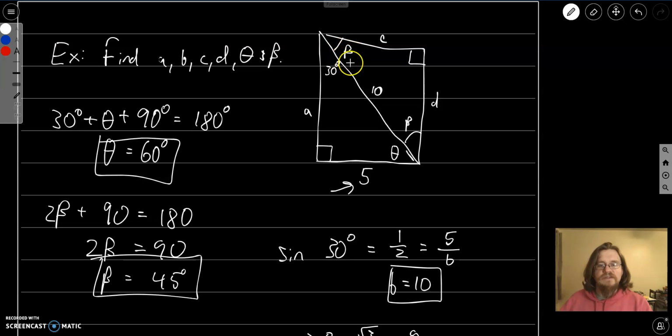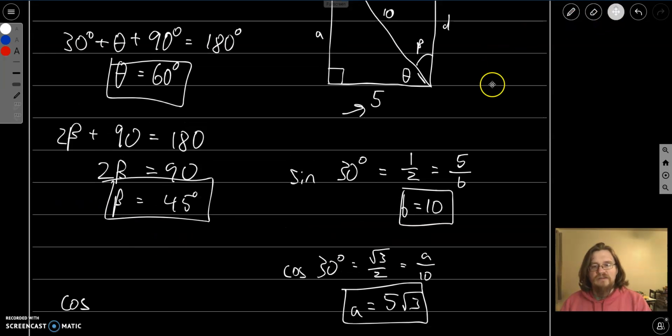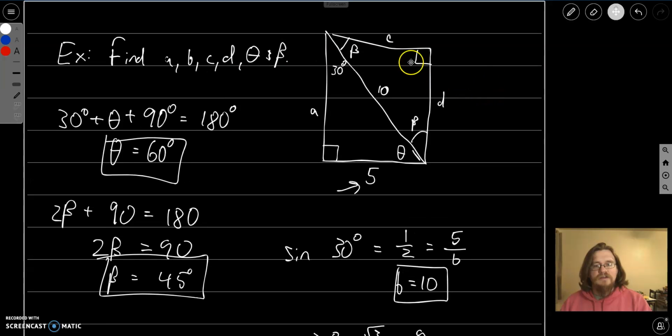So if I want to relate C to 10, and I'm up here with this angle, this is going to be the adjacent side to this angle. So if I want to relate the adjacent and the hypotenuse, I want to use the cosine. So let me do this over here. The cosine of beta, which is 45, is going to be the adjacent divided by the hypotenuse.